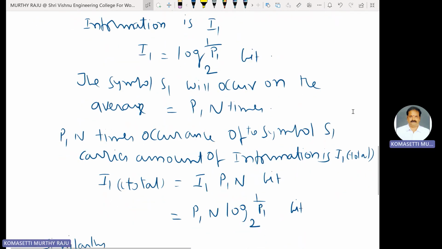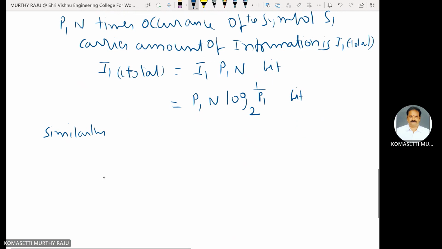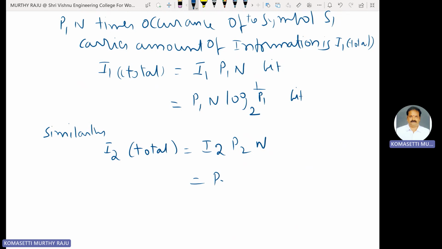P2 into N times occurrence of the symbol S2 carries amount of information is I2 total. Therefore, I2 total is equal to I2 into P2 into N, which is P2 into N, I2 is equal to log 1 by P2 base 2.